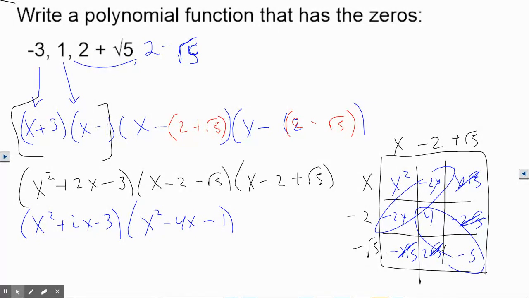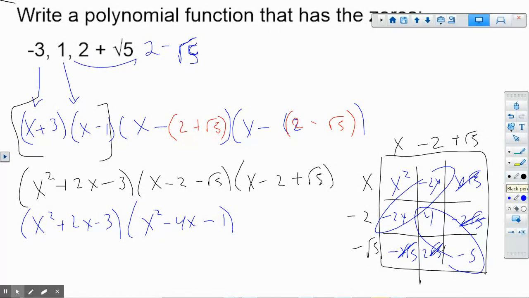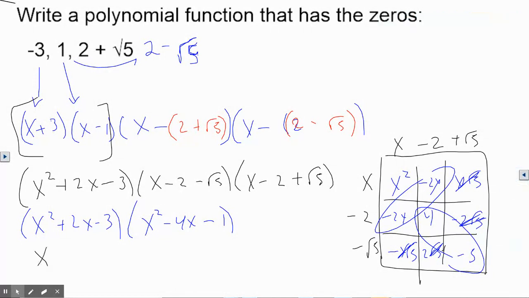You can multiply those together. Pause the video and see if you can multiply those together. You can use a big box or whatever you're going to do. And let's see if I can get it as well. Let's see. I get x to the 4th, and the last term is going to be positive 3. I know that part. Now let's see. We have negative 4 and positive 2 makes negative 2x to the 3rd.